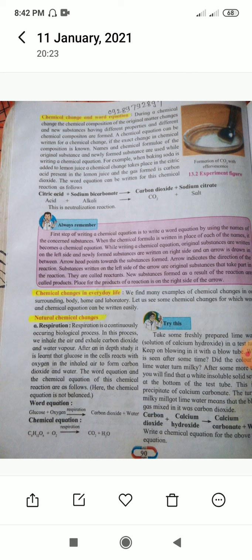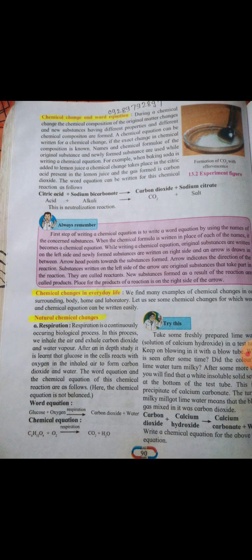and the newly formed substance is written on the right side of the equation, and between them the arrow is there. But the arrowhead is always pointed towards the newly formed substance.